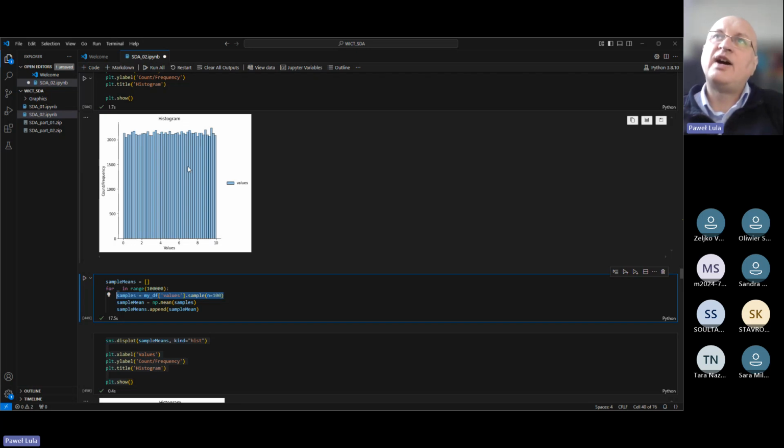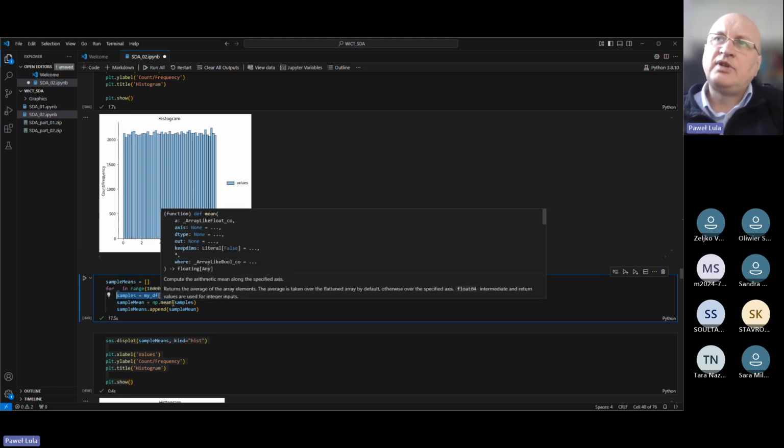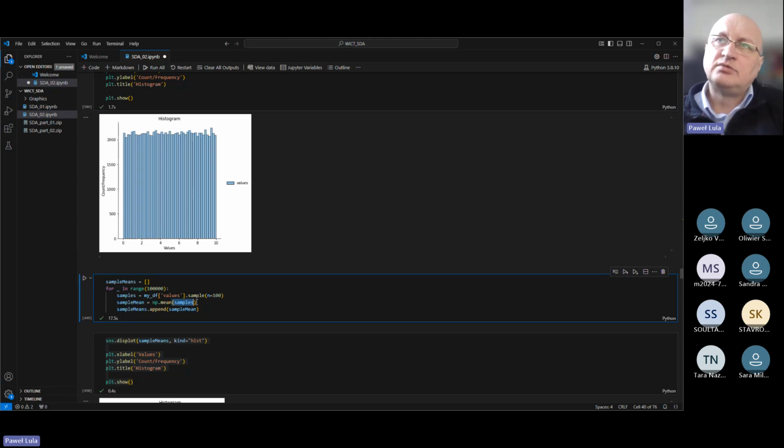So 100 values from this data set I selected, completely randomly, in every iteration of this loop. For these 100 values, I calculated the average value, mean value. And this mean value is here.